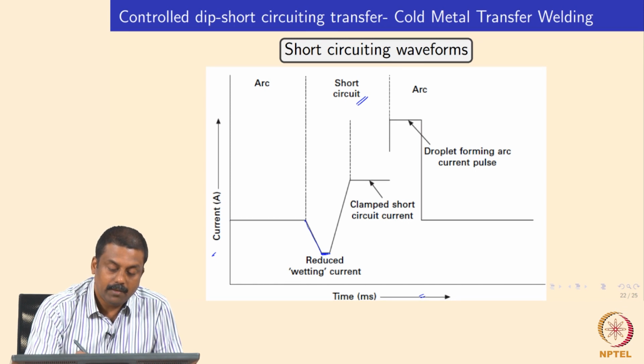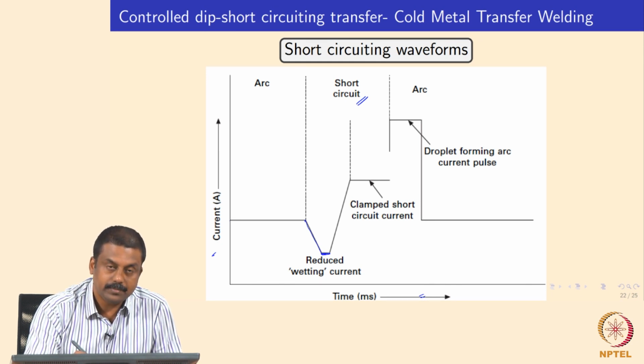Then the current becomes extremely low and the arc extinguishes, and because of that your heat input decreases significantly.